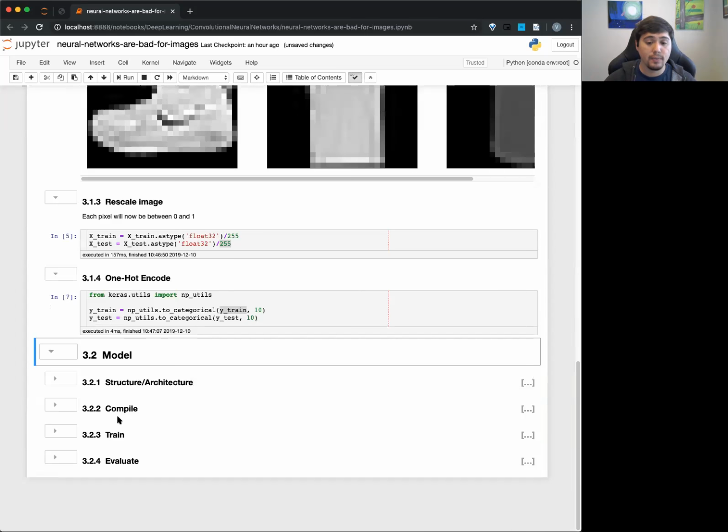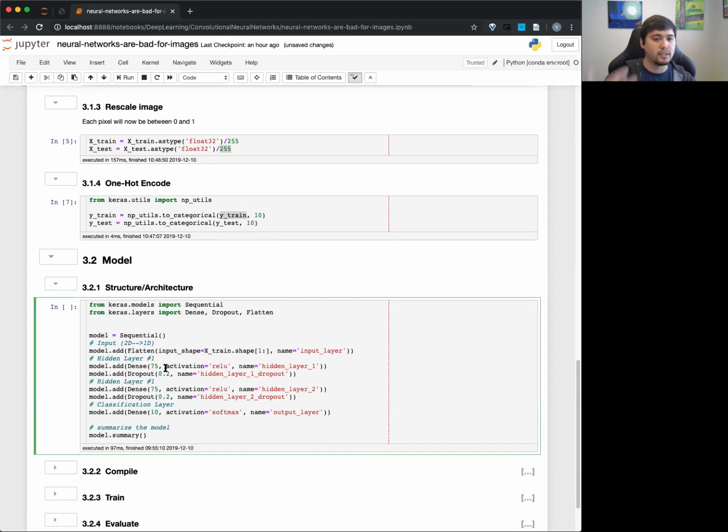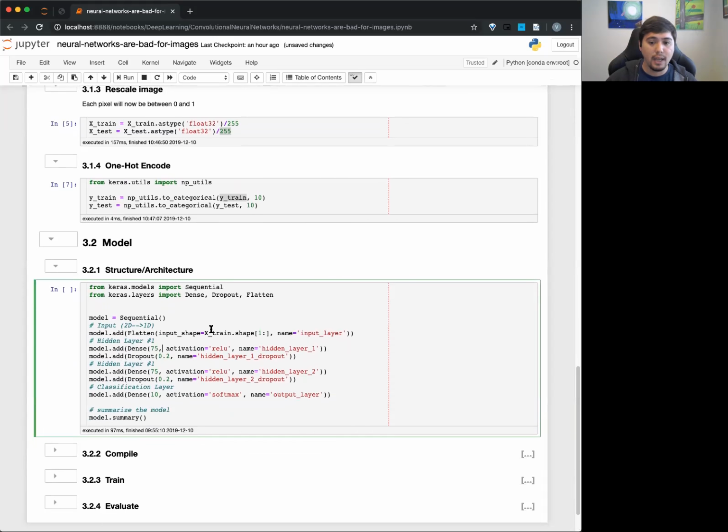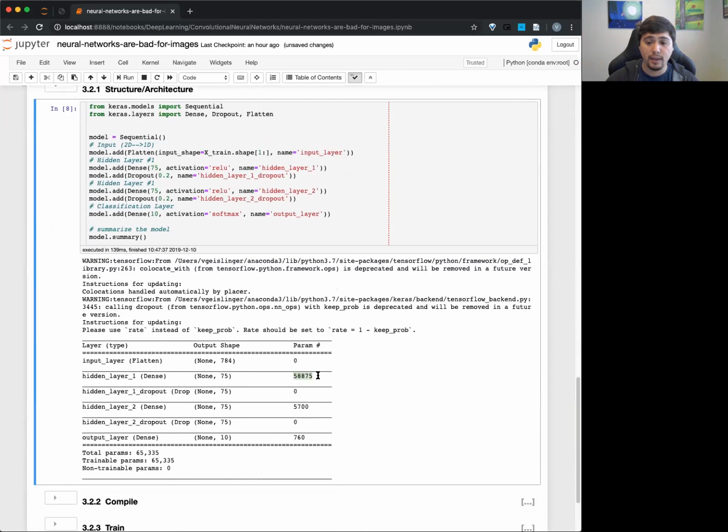Okay, so our basic model, I don't need to go through this part too much. We're building a sequential model, which we've seen before. Note that I have to add this Flatten layer right here because I'm taking that training data, which is a matrix, and I have to flatten it down into a single vector so I can feed it in. Those are all inputs. If I run this and you see the model summary, our first part is 58,875.